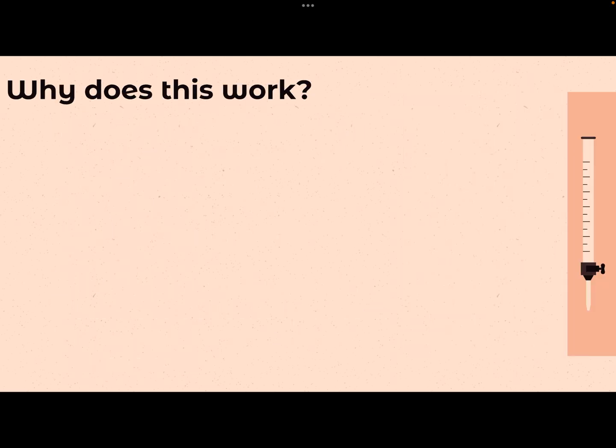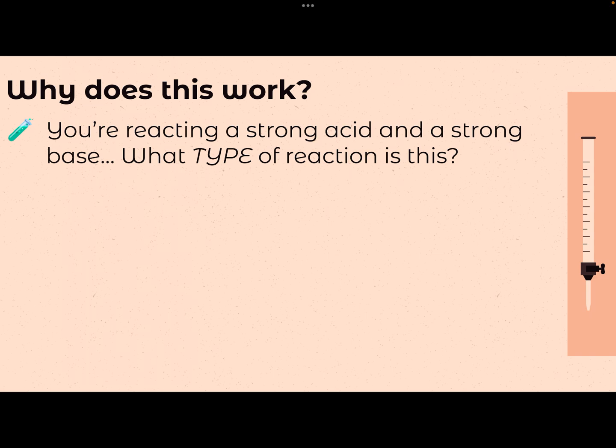Okay, so why does this even work? In a titration, you're reacting a strong acid and a strong base. So think about the types of acid-base reactions you know of. Just straight up strong acid, strong base reaction. Well, that is just a neutralization reaction, which is great.